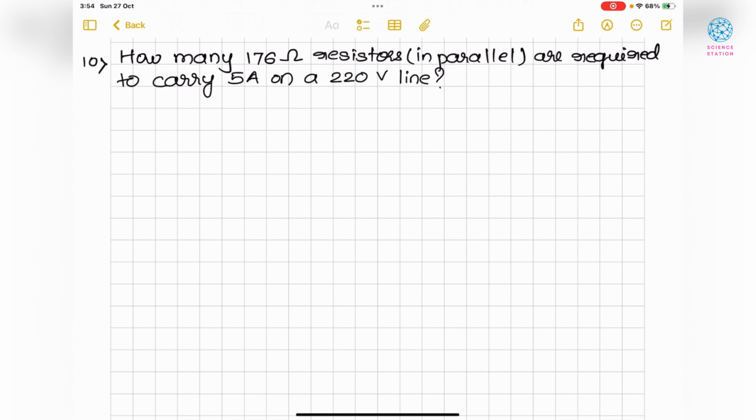Now 10th numerical says how many 176 ohm resistors in parallel are required to carry 5 ampere on a 220 volt line. So here I is 5 ampere, V is 220 volt and the number of resistors I have to find.